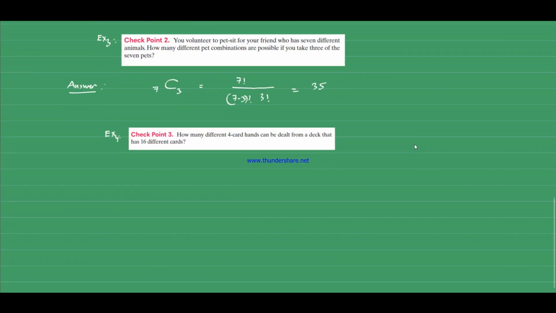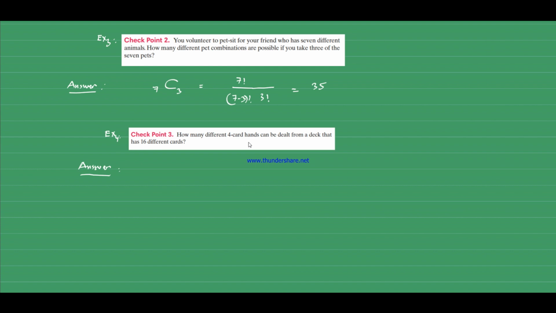Okay, so for this example number 4 here, how many different 4-card hands can be dealt from a deck that has 16 different cards? Again, they don't say anything about order. They just ask you to pick 4 cards from 16 cards.